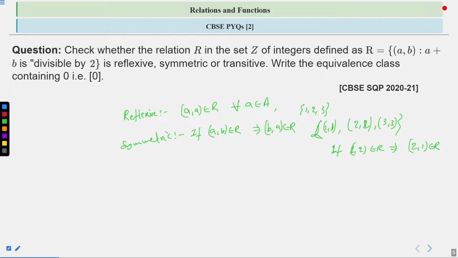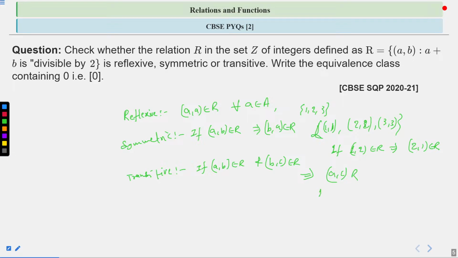Got it? Now what is the condition for transitive? For transitive relations, the condition is if (a, b) belongs to R and (b, c) belongs to R, this implies (a, c) should belong to R. This condition should be satisfied.